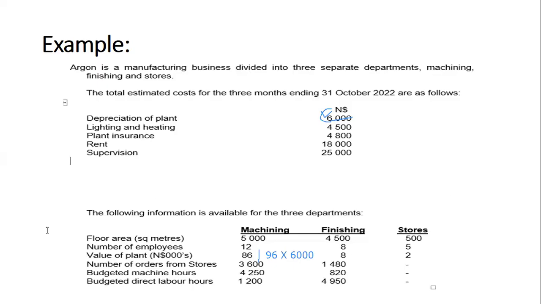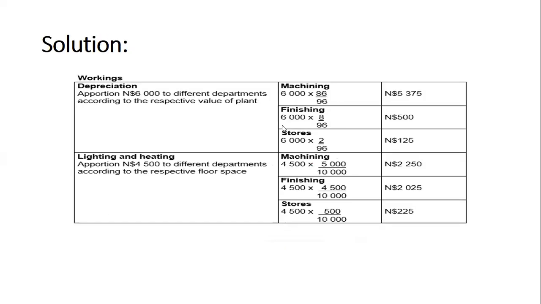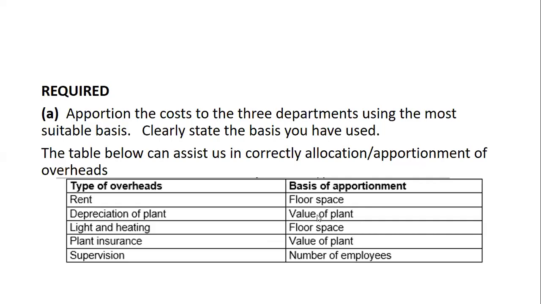If you look at our workings for machining, like I said, we took the 6,000 and multiplied it by the value of plant for machining, since we're using the value of plant to apportion depreciation.